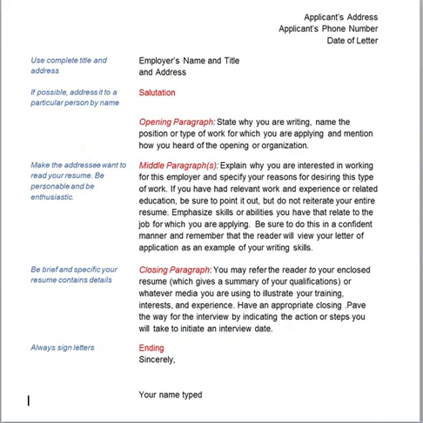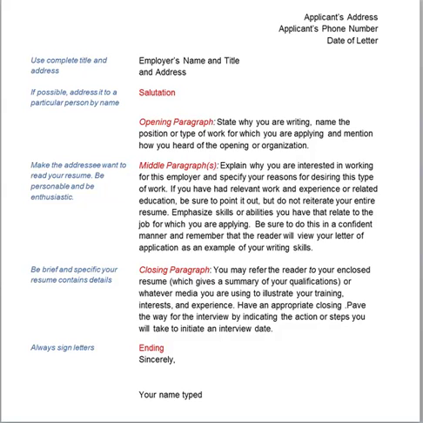So this is what a letter should look like. This is the format a business letter has. As we see at the top right, we can see the address, the phone number, as well as the date of the letter. And then we should use the employer's name, title and address at the left of the letter.